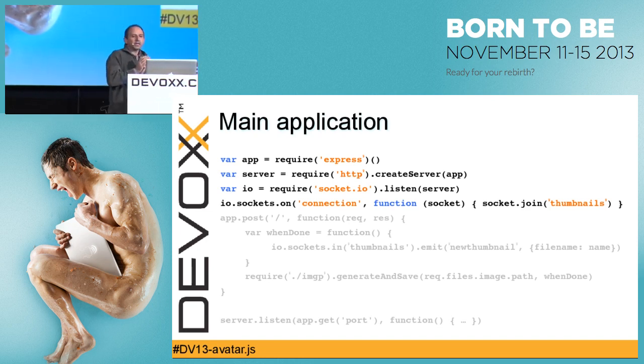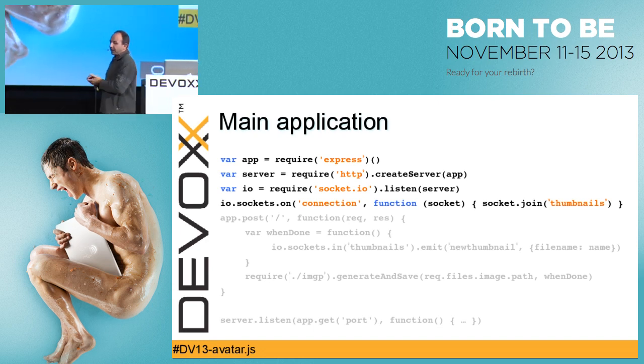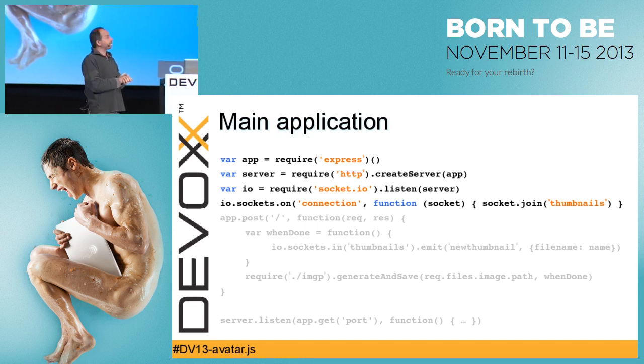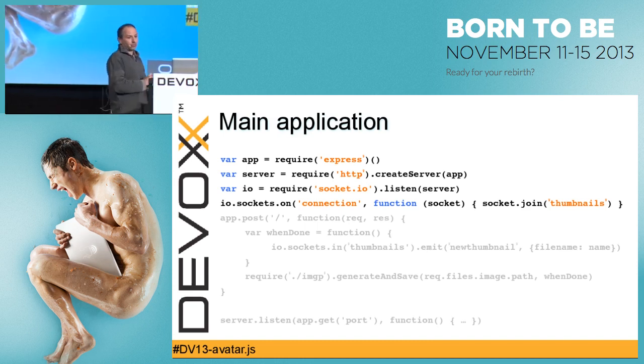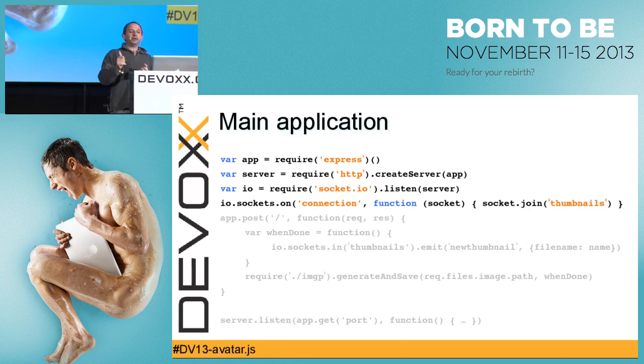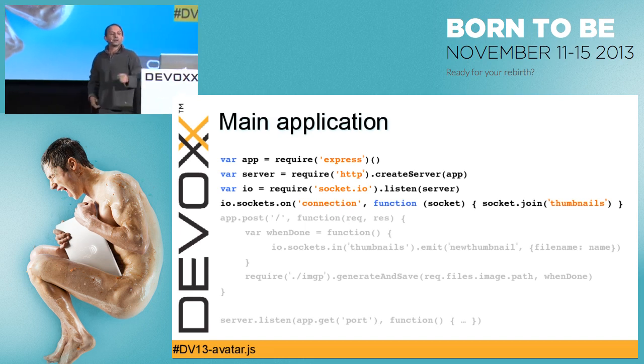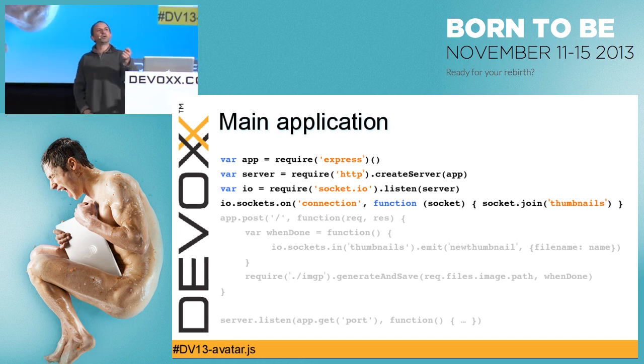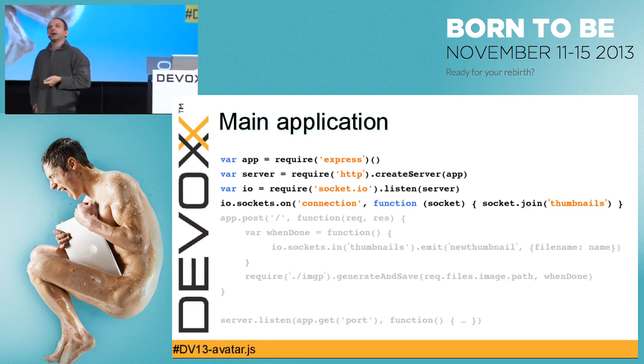Then I'm using the event emitted each time a new connection is seen by Socket.io. Socket.io is emitting a connection event. So that's a typical Node way to subscribe to an event: the name of the event and the callback that will be called.